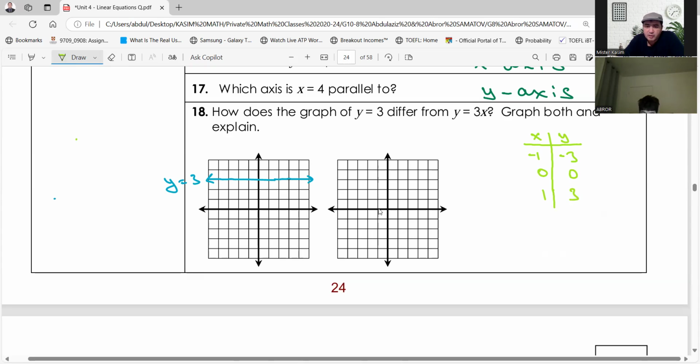Now if you just connect these points, you will get the graph. So now the question is, how does the graph of y equals 3 differ from y equals 3x? How would you explain this?